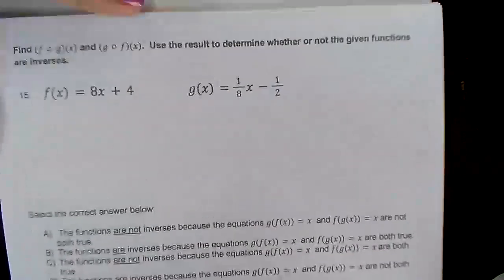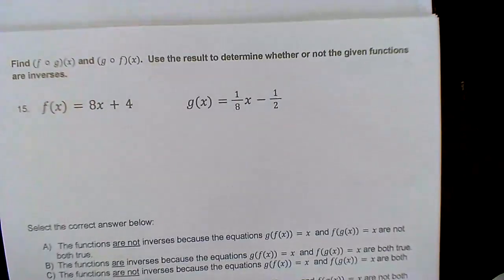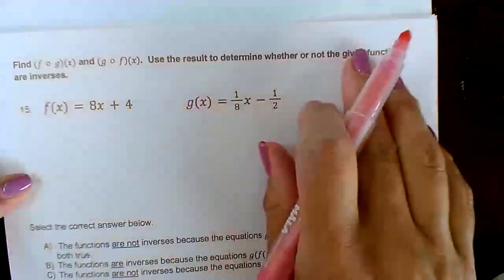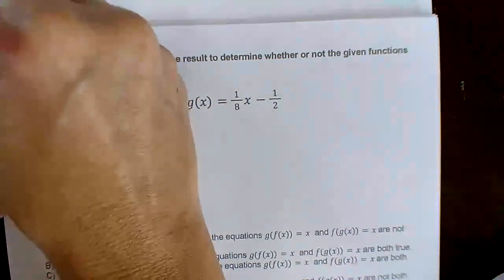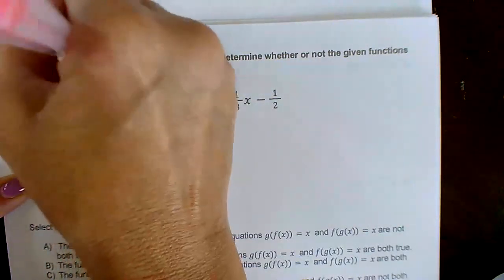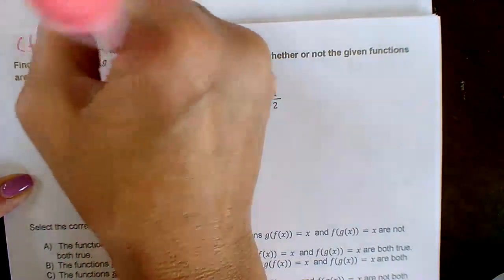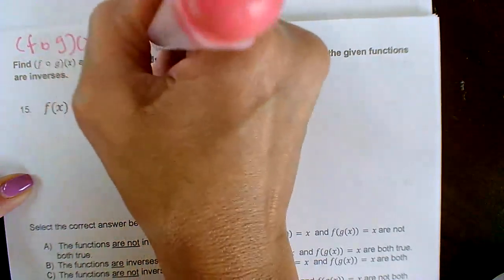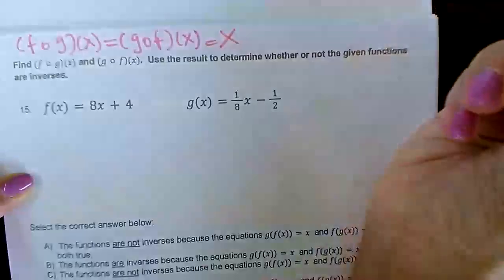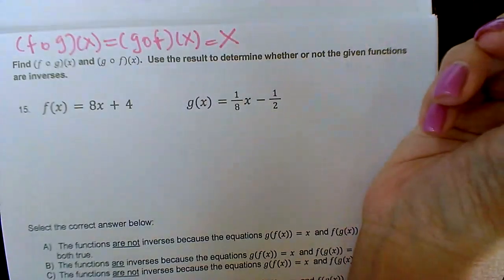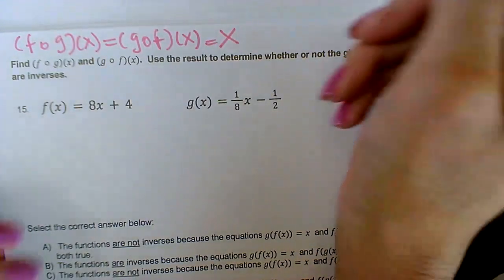All right. So we need to, in order for them to be inverses, this needs to happen. To be inverses, they both need to be equal to x.